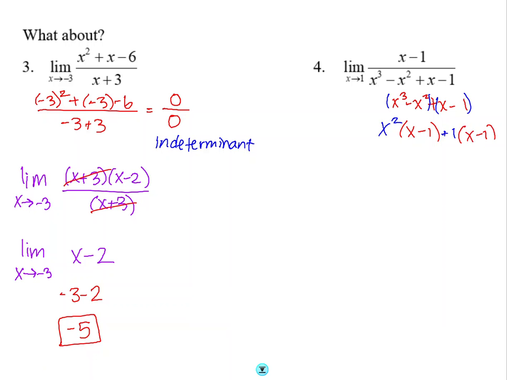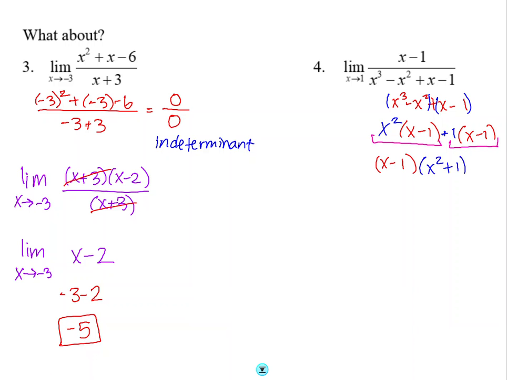Then you are factoring the GCF out again. You are looking at the first term and the second term to see what they have in common. They both have an x minus 1. And when I take x minus 1 out, I'm left with x squared plus 1.